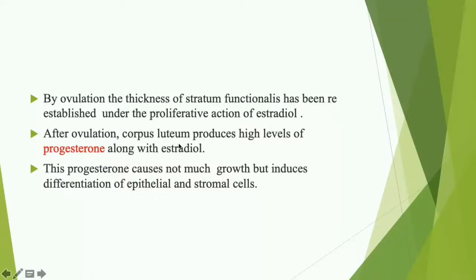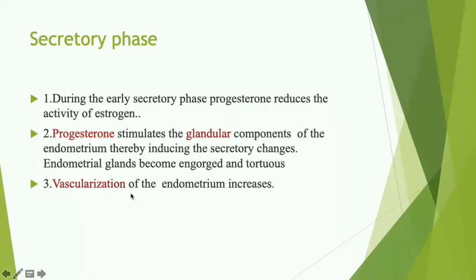Now what happens, ovulation has occurred, so there is a shift in the level of importance of hormones, because now you have the corpus luteum producing high levels of progesterone along with estradiol. Now this progesterone does not cause much growth, but it induces the differentiation of the cells, epithelial and the stromal cells, right?